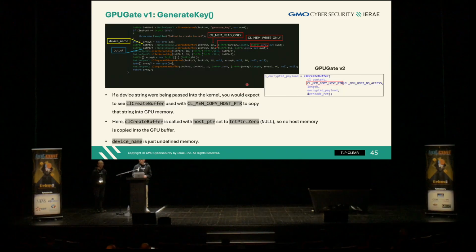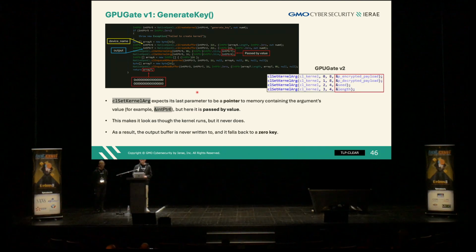Also, like we looked at with version 2, if a device string were actually being passed into the kernel, you'd expect this CL create buffer being called with CL memcopy host pointer to copy that string into GPU memory. But if you look up here, this CL create buffer is being called with a null pointer. So no host memory is being copied into that GPU buffer, and device name is just undefined memory, right?